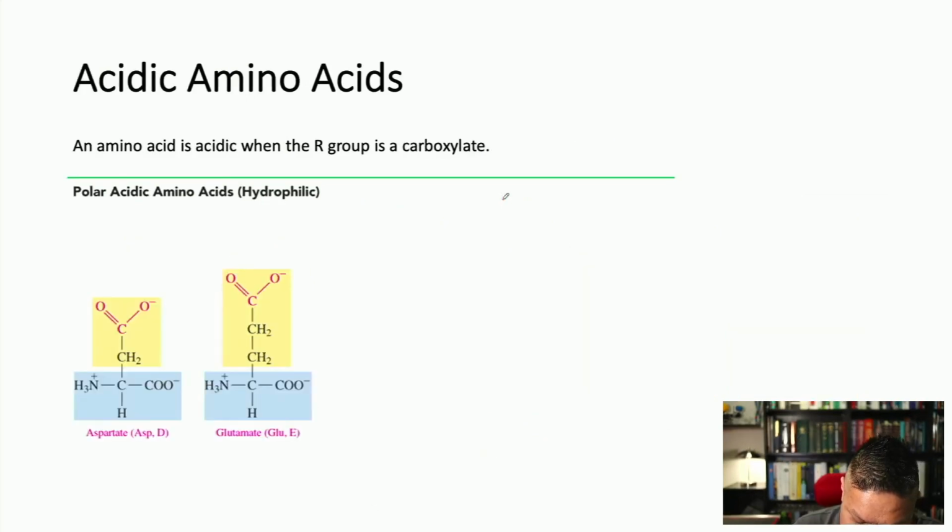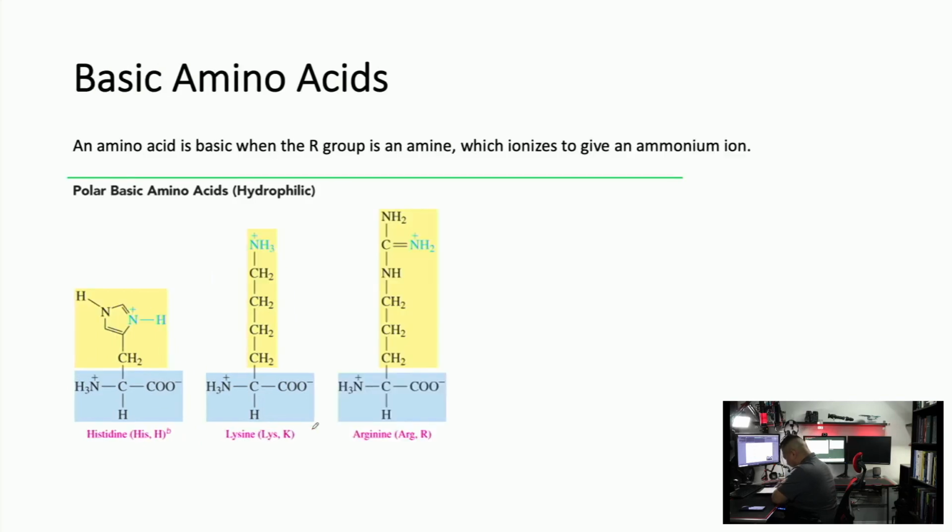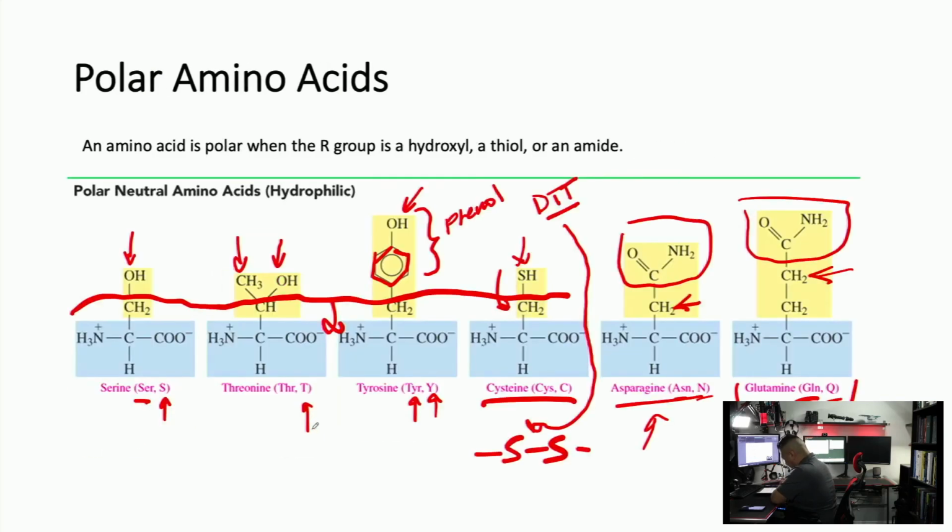Let's keep going. We have acidic amino acids too. The acidic amino acids, sorry, lost my train of thought for a second there, are aspartate and glutamate. Now, what does that sound like? That sounds a lot like the previous slide where we had asparagine and glutamine, which had an amide there.